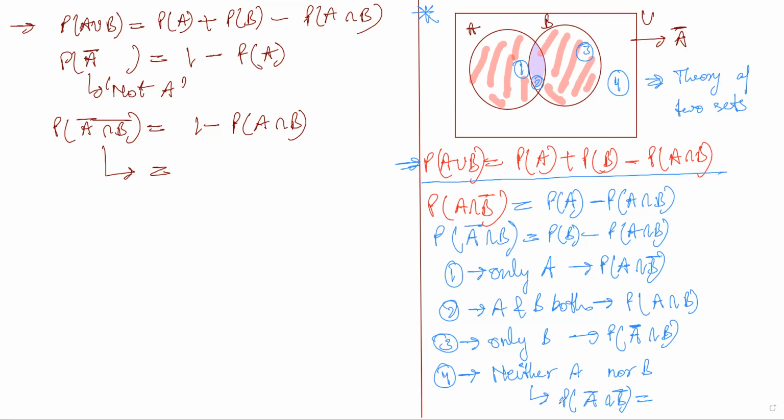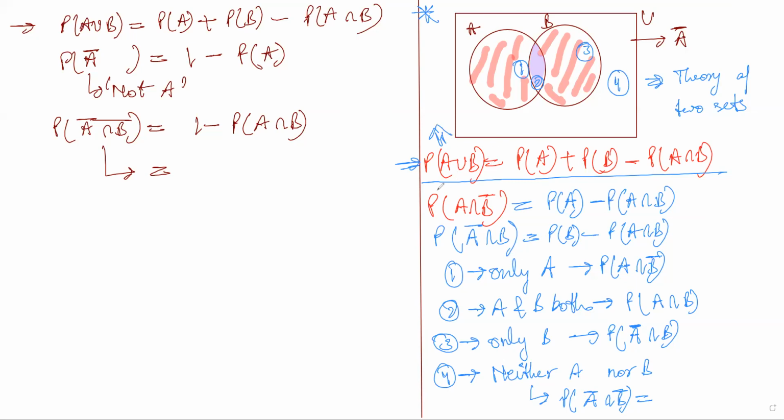Basically, we need the fourth portion. We know the whole portion is 1. The universal set is 1. Okay, tell me in the form of portions, what is this portion?